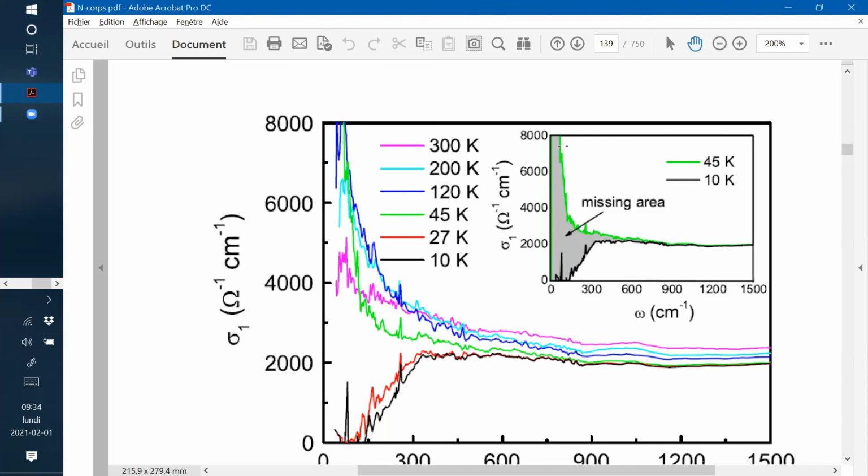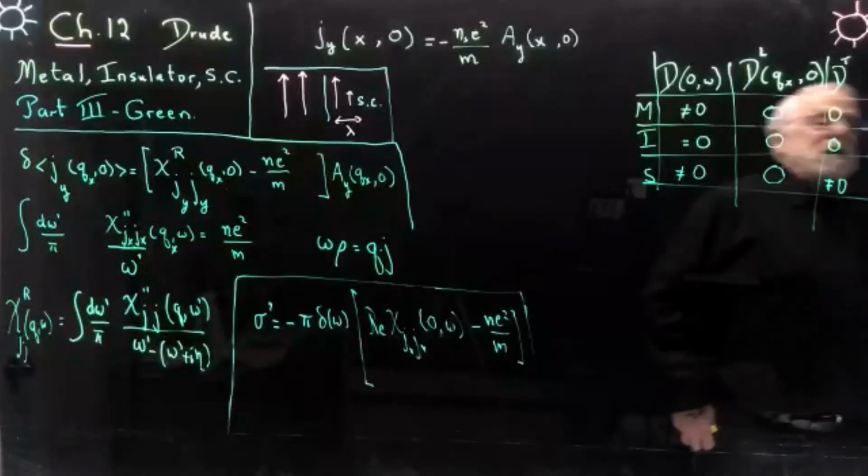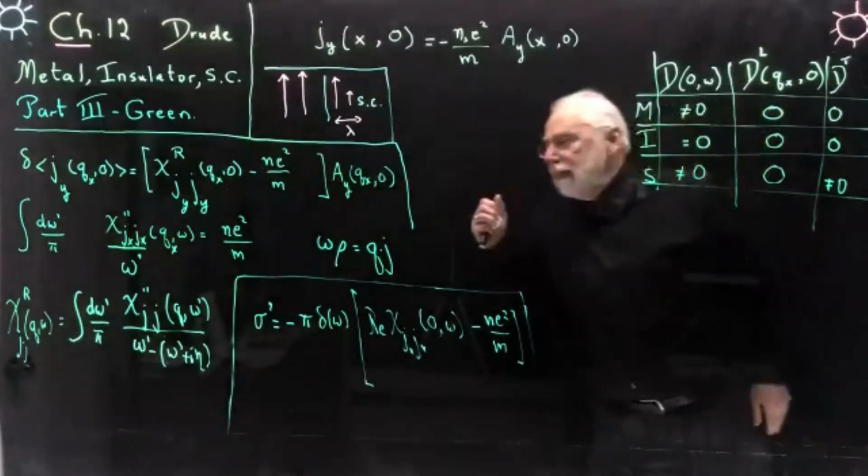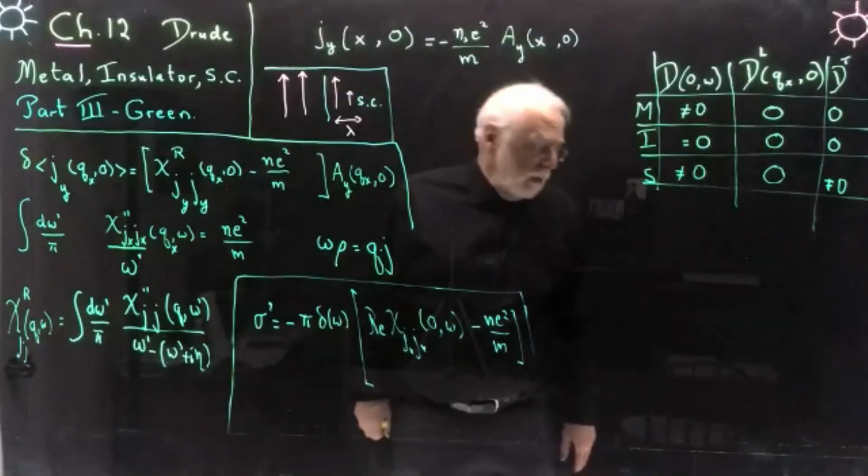So I will show you that this missing area that's measured in optical conductivity is precisely this London penetration depth that we just saw. It's amazing, no? Quite surprising. Well, I find it amazing. So let's see how that comes out.